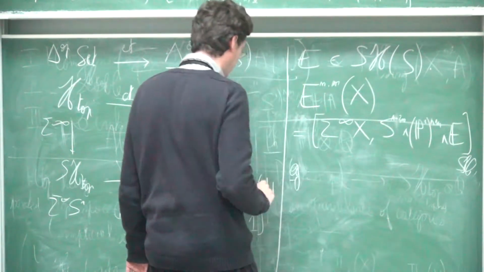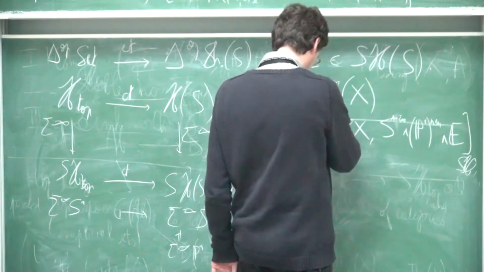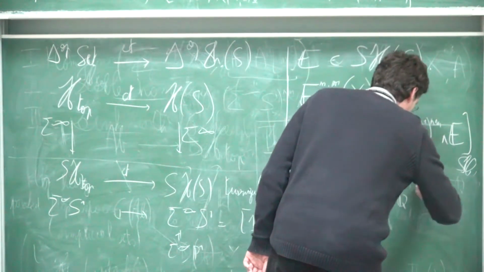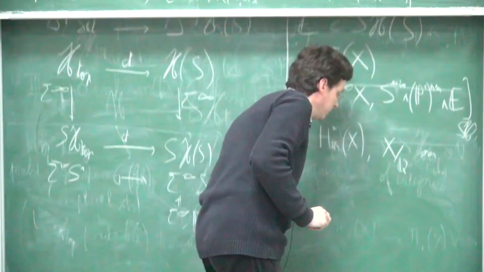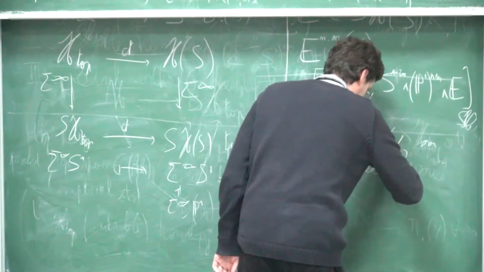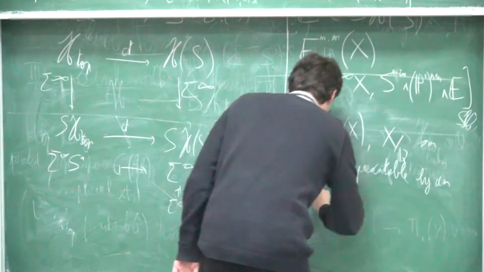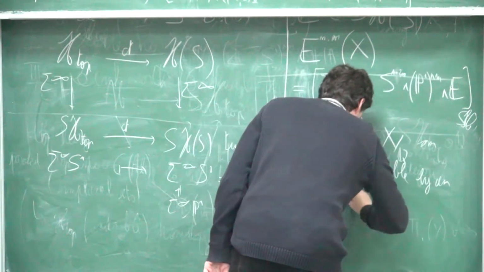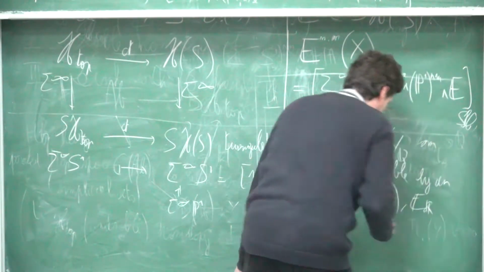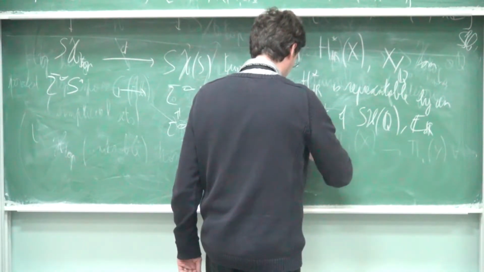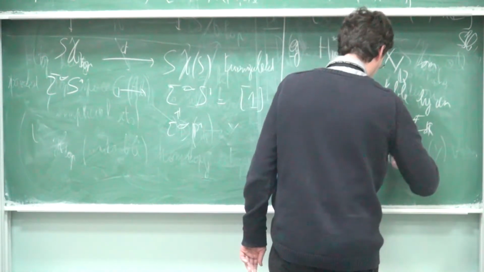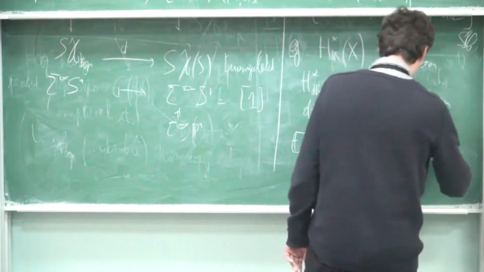So, example of bigraduation. If we take the de Rham cohomology, X smooth over Q, let's say, or C, smooth, then it is representable by an object of SH of Q, let's say, and what I denoted E_dR like that, and what we have is that E_dR^(n,m) of X is isomorphic to H^n de Rham cohomology of X, twisted m times.